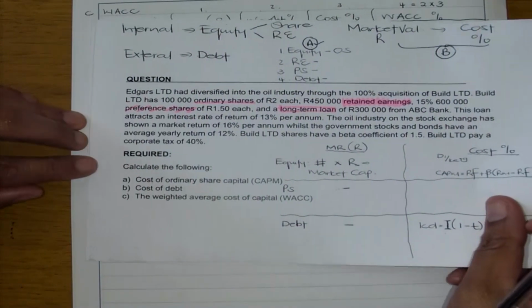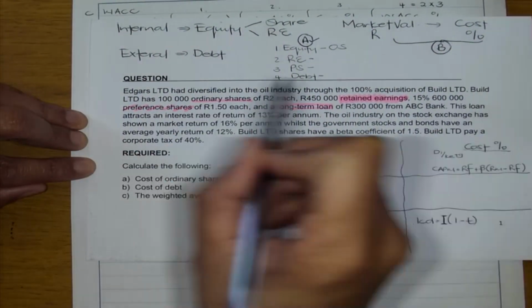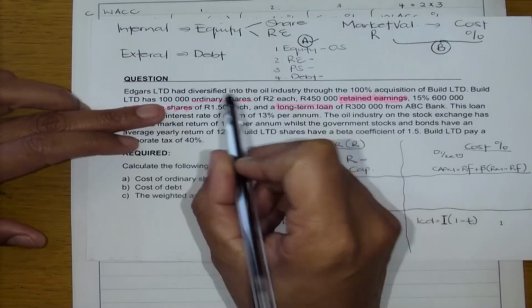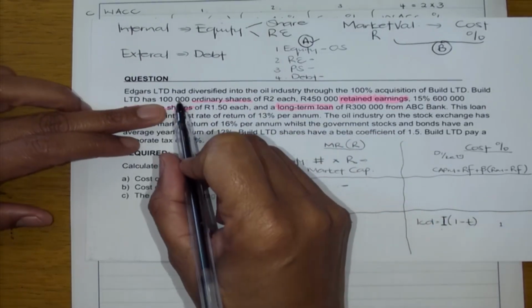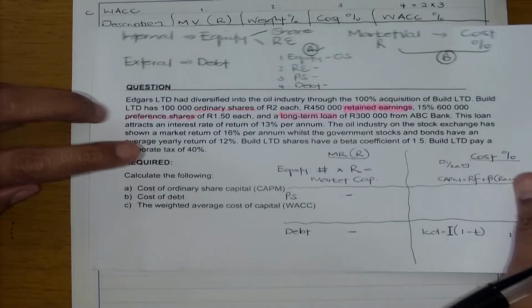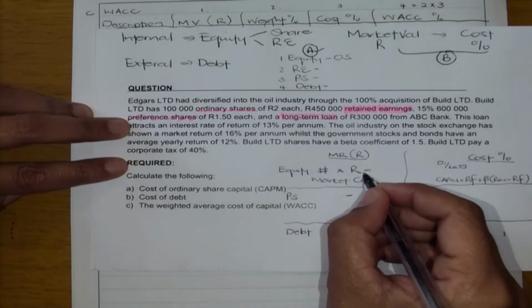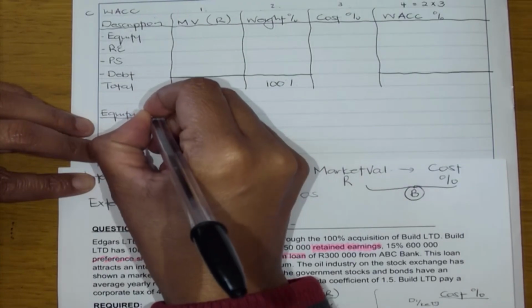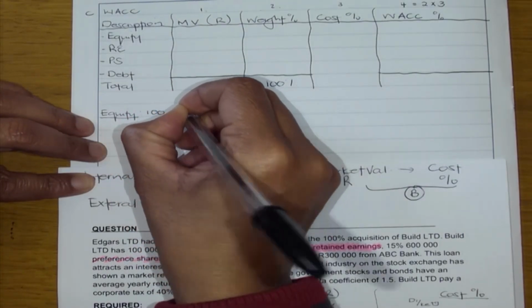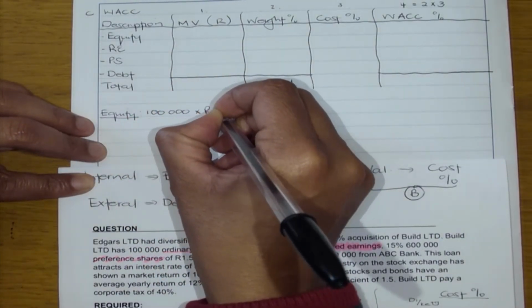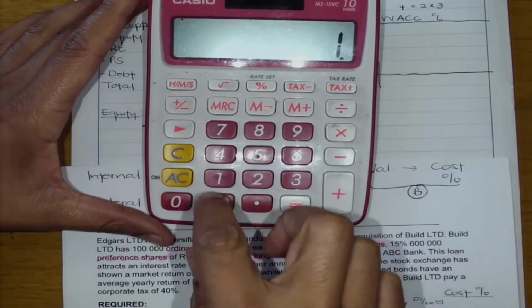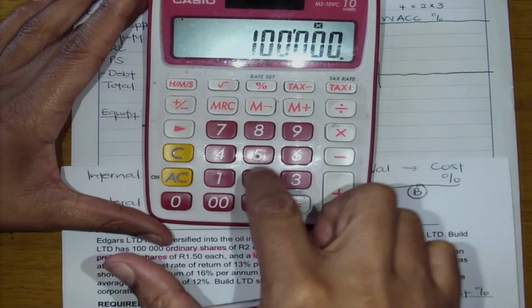Why? Because they said Build Limited has 100,000 ordinary shares at 2 Rand each. Remember, when they give you a number of shares times cost per share, they want you to calculate the market capitalization. So we know that our market rate will be the 100,000 shares times 2 Rand each.